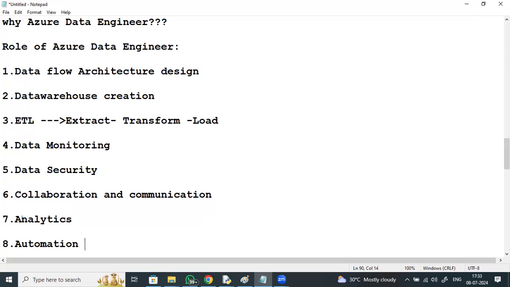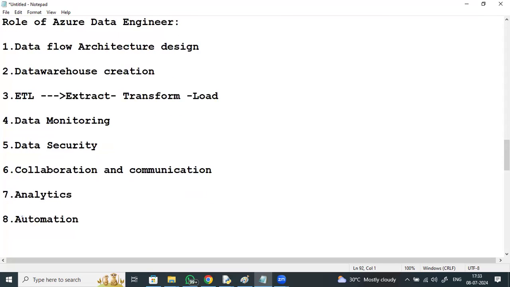They have to automate certain processes which require minimal human intervention, such as extractions.